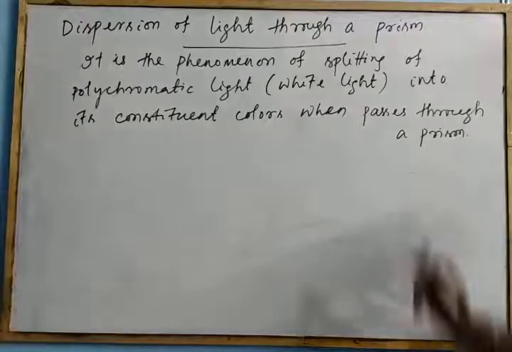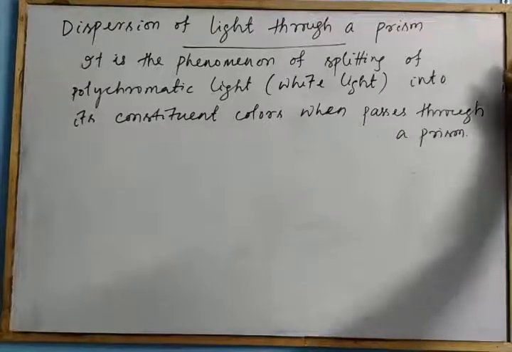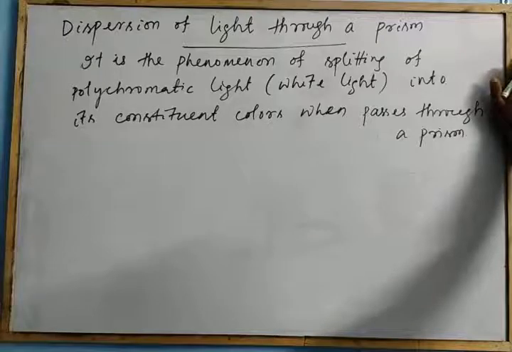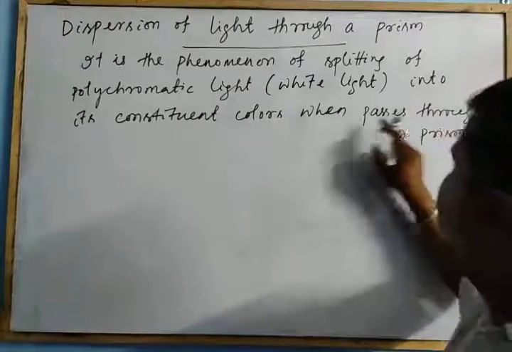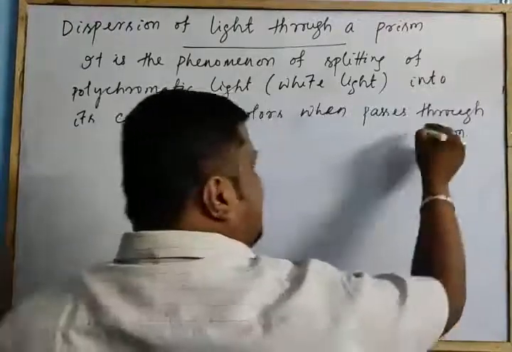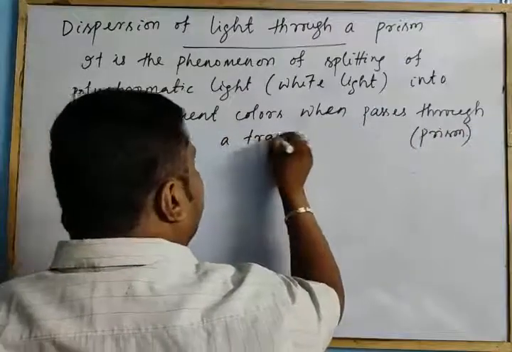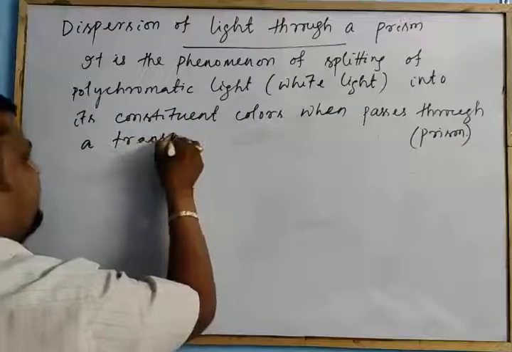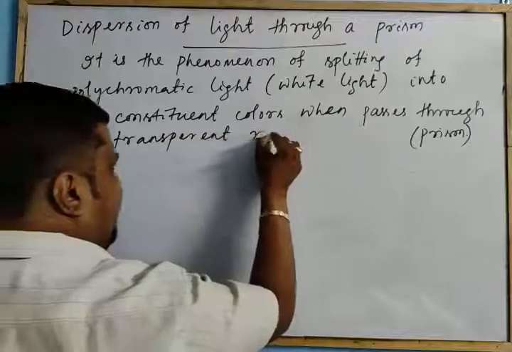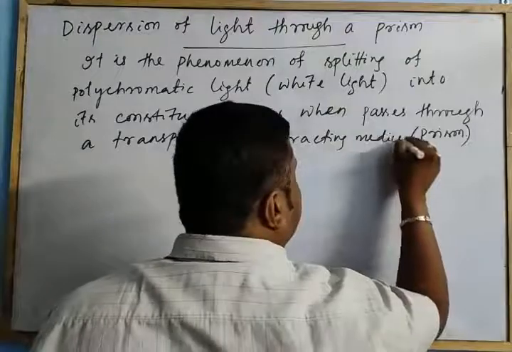Clear? It is the phenomenon of splitting of polychromatic light into its constituent colors when it passes through a prism, or you can say when it passes through a transparent refracting medium. The example is your prism.